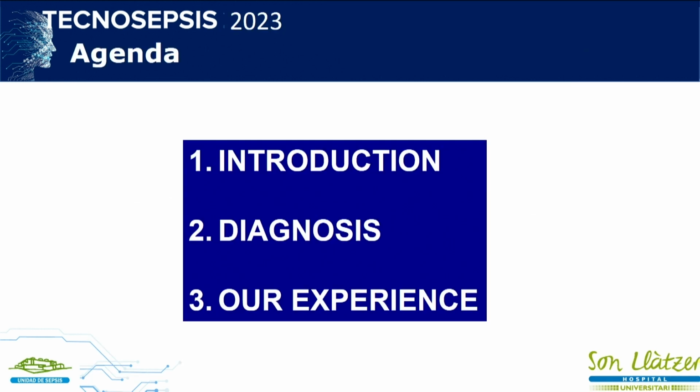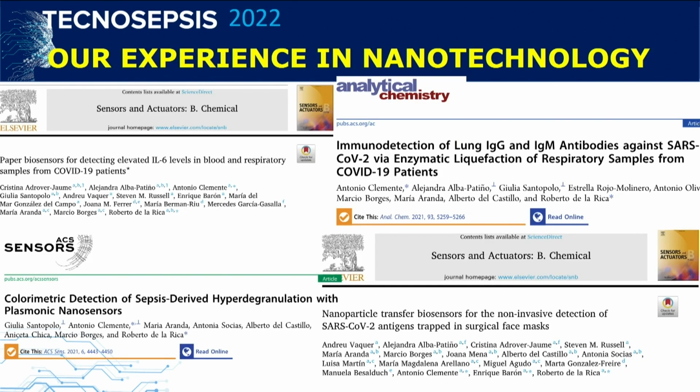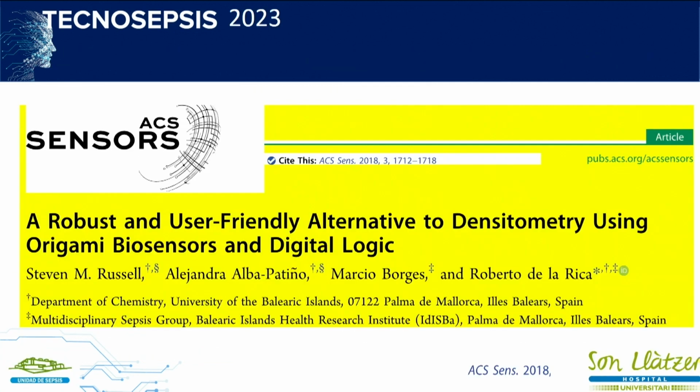In the multi-resistance era this is very important for diagnosis. In our experience in the last 3-4 years, our group published many articles about nanotechnology applied in the diagnosis of biomarkers and microorganisms. It's a very nice experience.